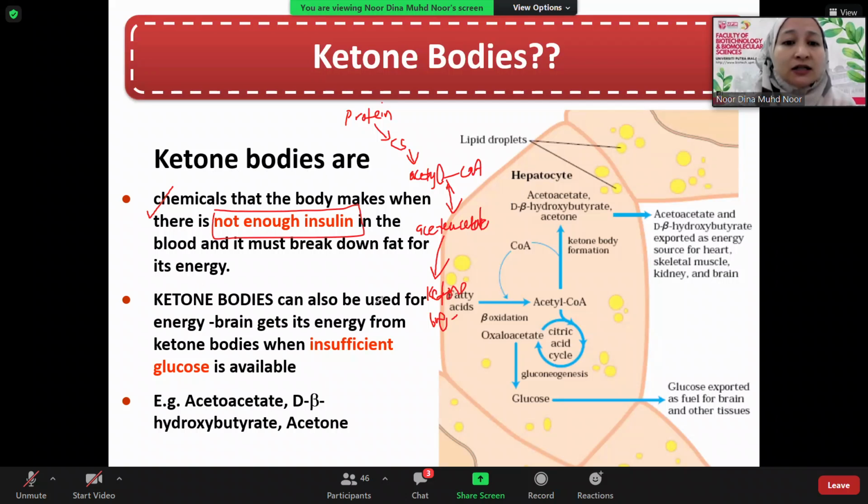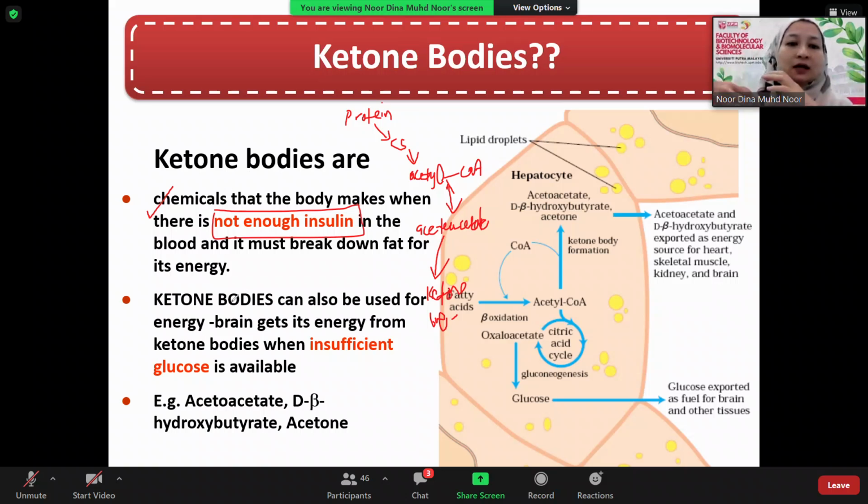So what happens is that the ketone bodies in the muscle, the ketone bodies yang ada dalam muscle tu, dia akan digunakan instead of the glucose yang ada dalam badan.